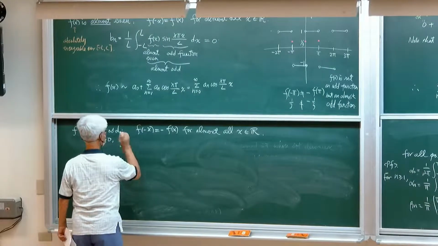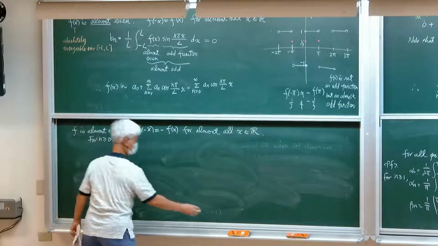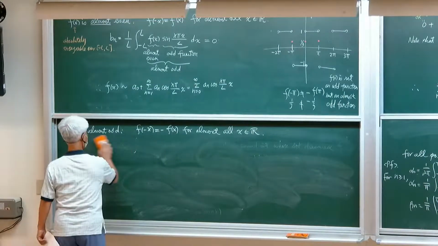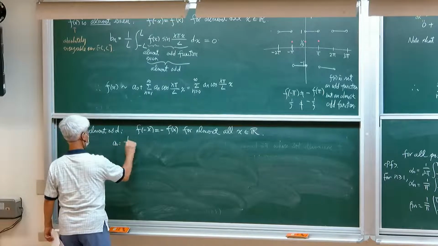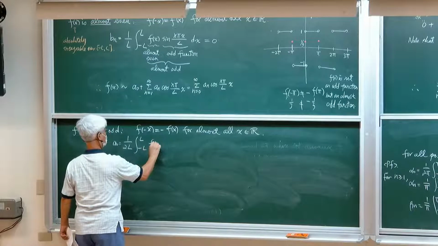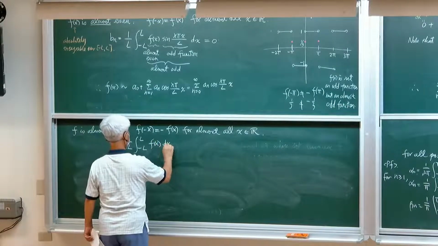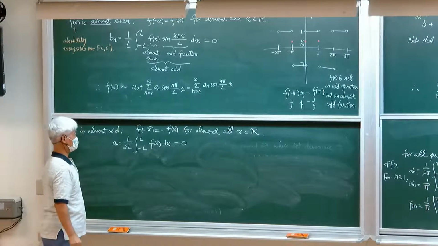Sorry. So a0 is 0 because the integrand is almost odd.